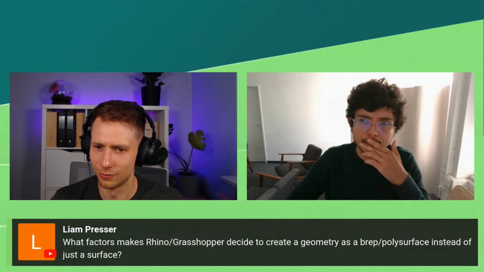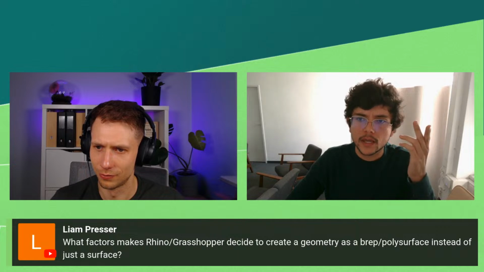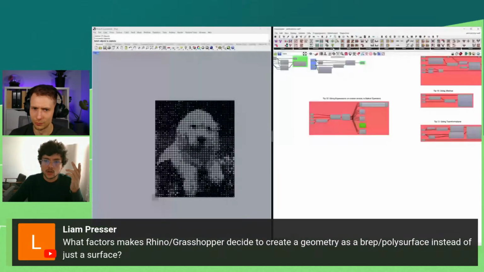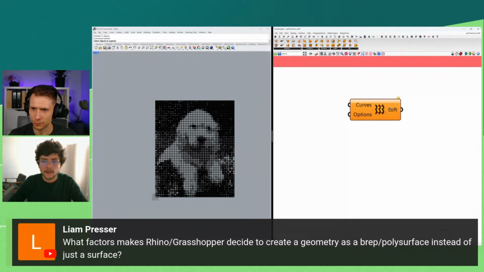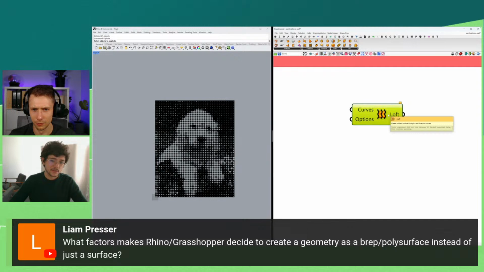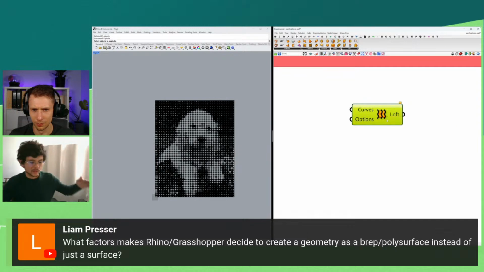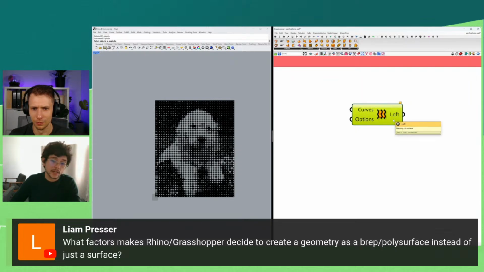That's a good question. For example, if you use the loft component, it creates directly a BRep, and sometimes it could be a geometry that could still be represented as a surface and not as a BRep. You can see the output is still a BRep, but probably internally it's just a surface.